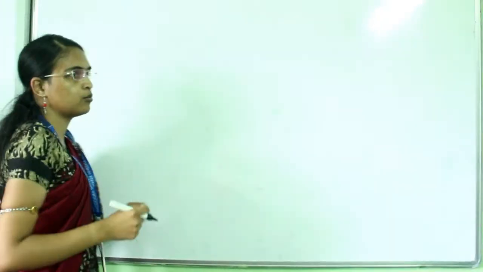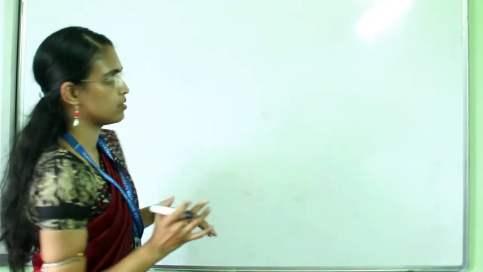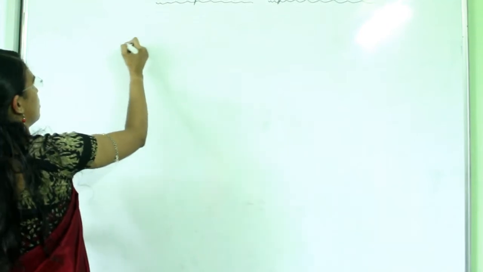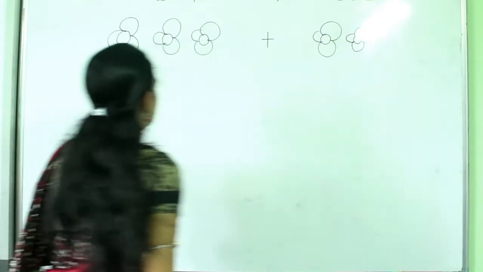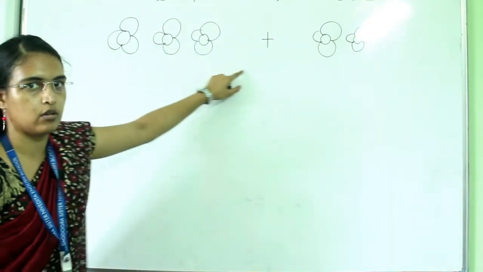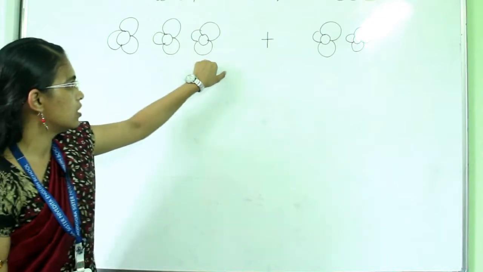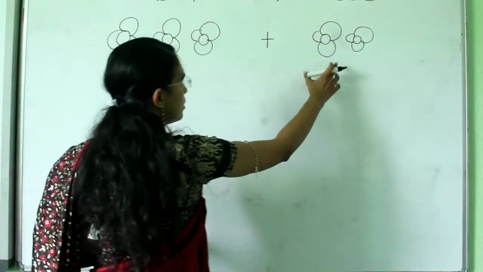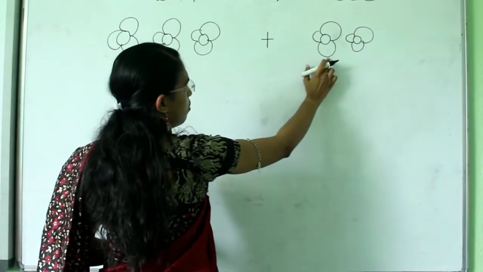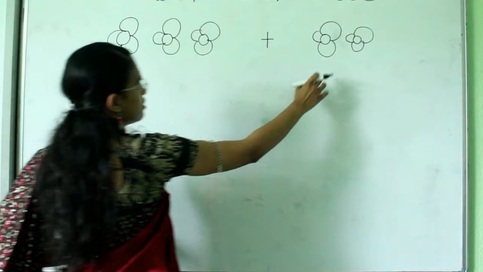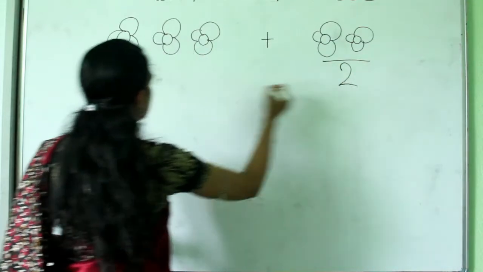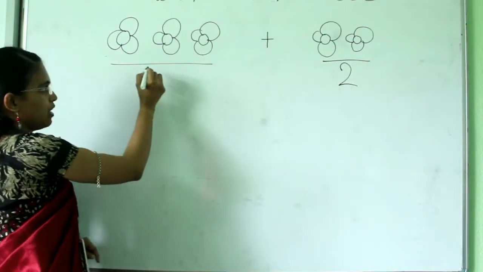Now I will show you a few steps. We can do addition in various ways. Like, now look, I have 3 flowers, 1, 2, 3, and my sister has given me how many flowers? 1, 2. So my sister has given me 2 flowers and I already have 3 flowers.